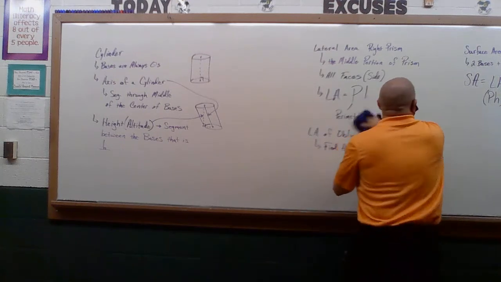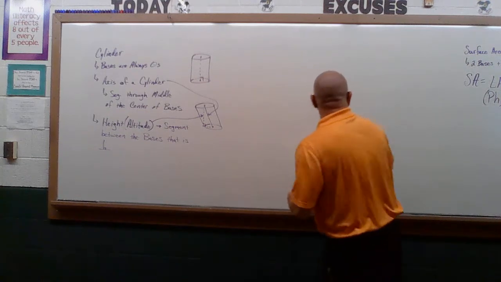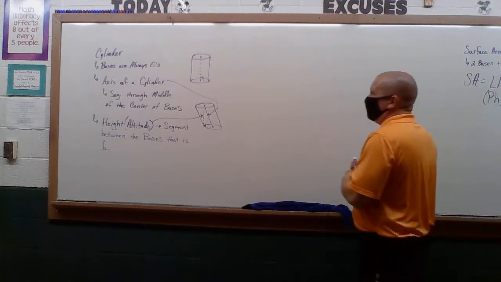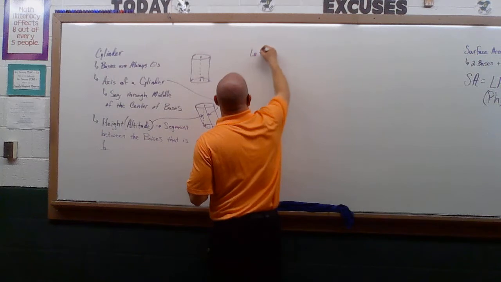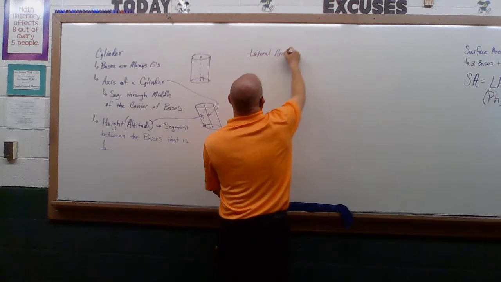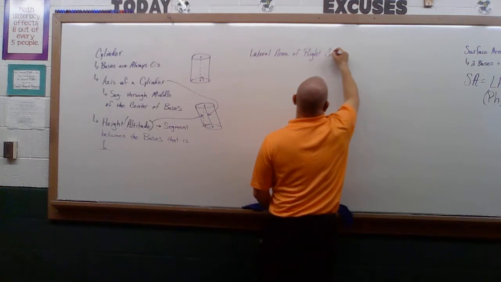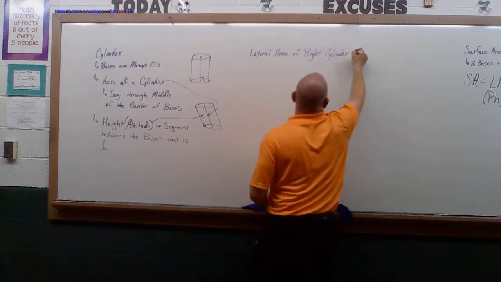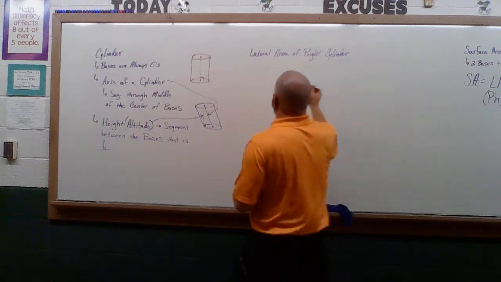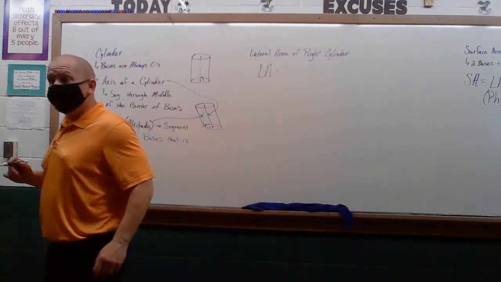So, let's talk about lateral area and surface area. Let's see if you can figure this out before we even write it. So if we do the lateral area of a right cylinder. So again, it's a right cylinder just because it's straight up and down. What was the lateral area formula in a prism?